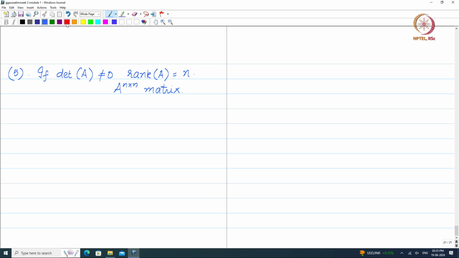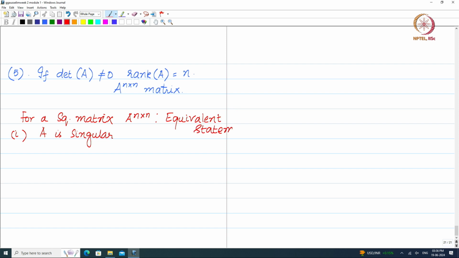For a square matrix A of size n by n, the following statements are all equivalent. A is singular. The rank of A is less than n. Determinant of A is 0.